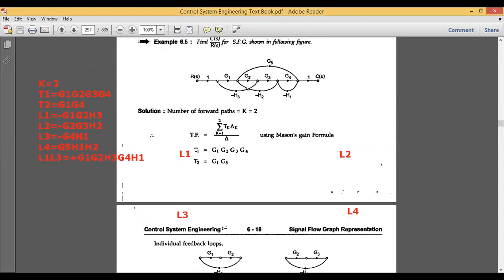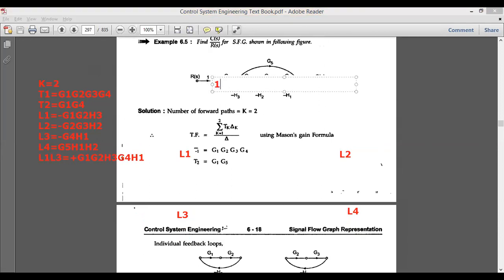Just check here. See, this is my signal flow graph. I will just represent the numbers here, 0, 1, 2, and this is my third point, and this is my fourth point. Fourth point I will make it one more, that is point number 5.